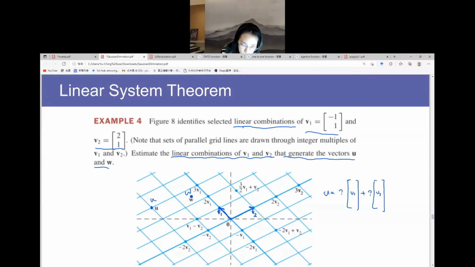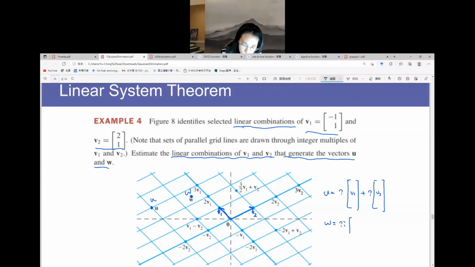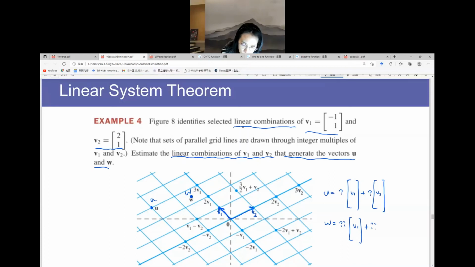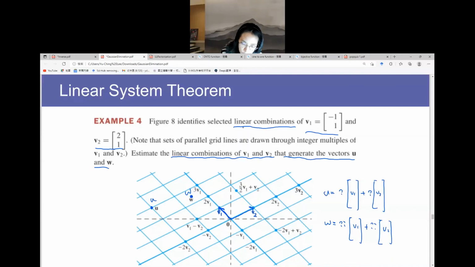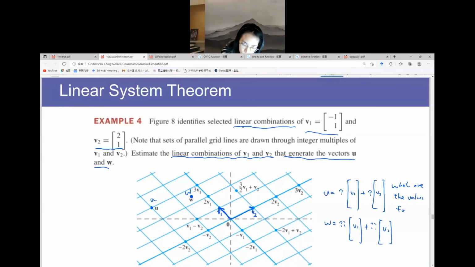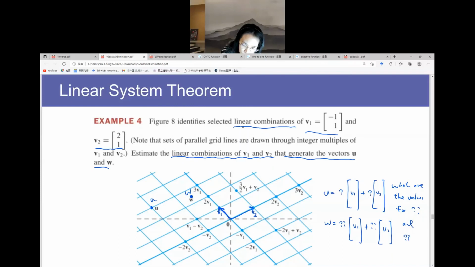And then similarly, W is a question mark times V1 plus another question mark times V2. And the example asks us what are the values for the question marks.